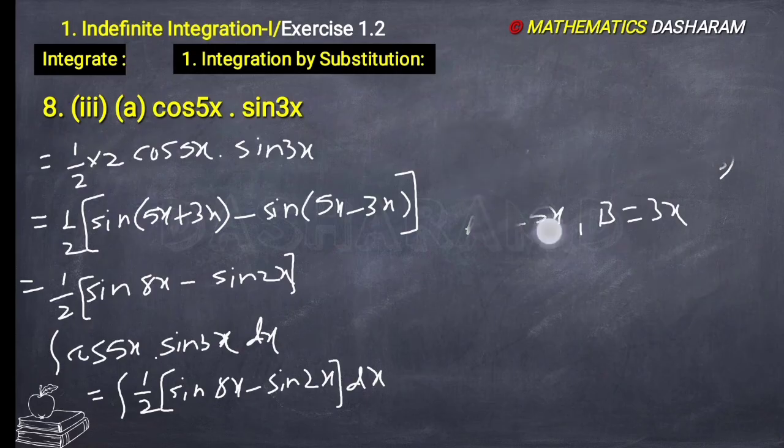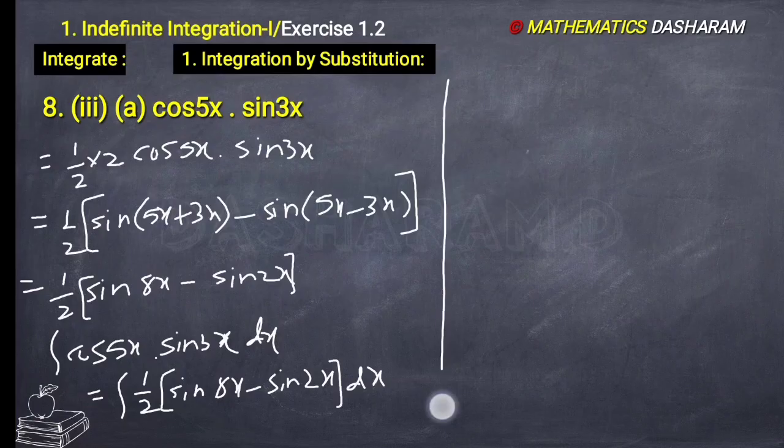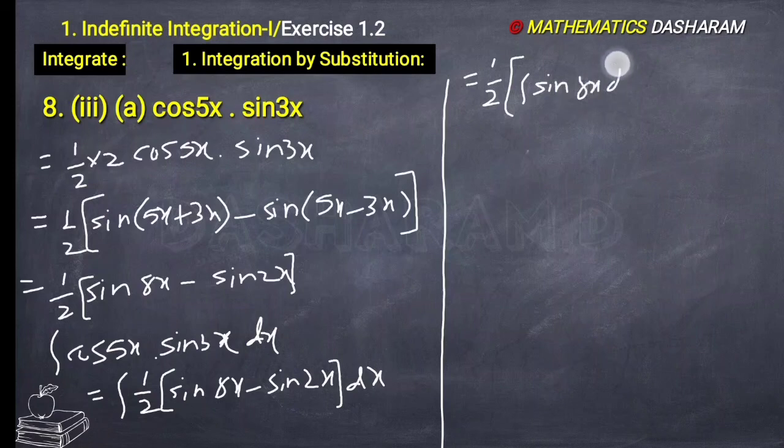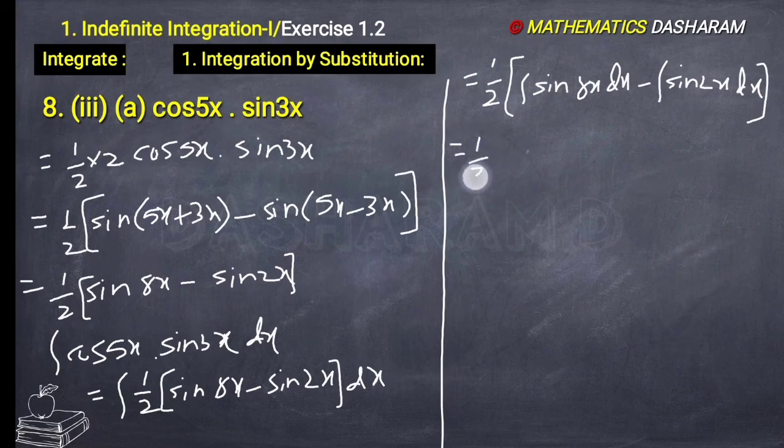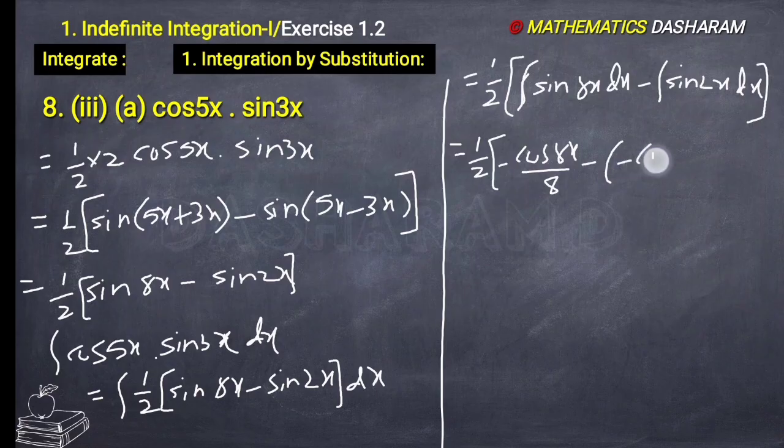Now apply the integration for each term separately, but 1 by 2 is a constant, so then integration of sin 8x dx minus integration of sin 2x dx. So it is equal to 1 by 2, integration of sin 8x is minus cos 8x divided by 8, minus cos 2x divided by 2, and add one constant.